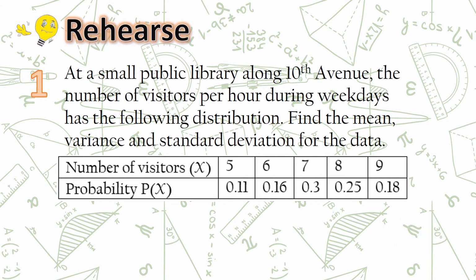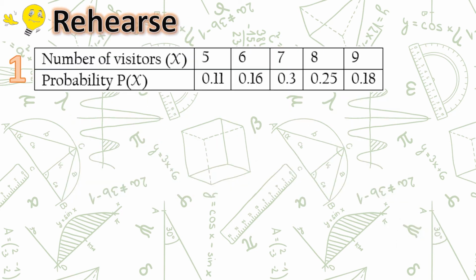Okay, let us show the solution. Let us go back to the probability distribution. So x is the number of visitors, that is our random variable. If x equals 5, then p of x equals 0.11. If x equals 6, 0.16. If x equals 7, 0.3. If x equals 8, 0.25.